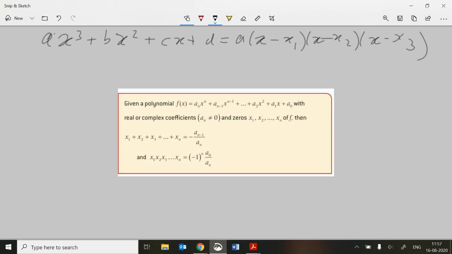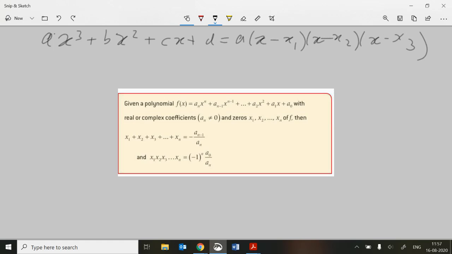Okay, now I could spend some time multiplying this out, but that would take quite a long time, come up with quite a lot of algebra, and I'm quite likely to make a mistake at some point. In fact, it's pretty easy to see how we can get the formula for the product of the roots, by multiplying the last terms together.